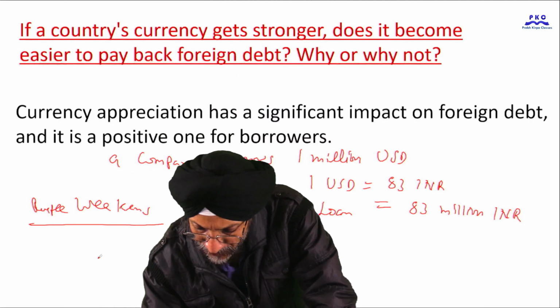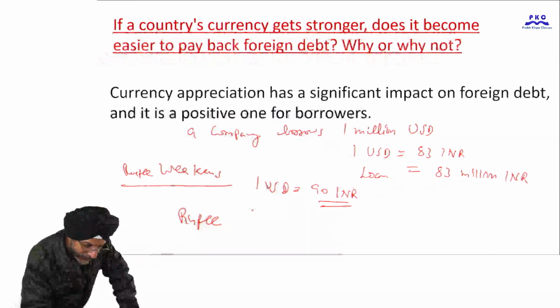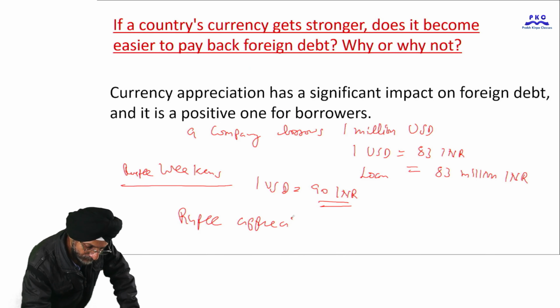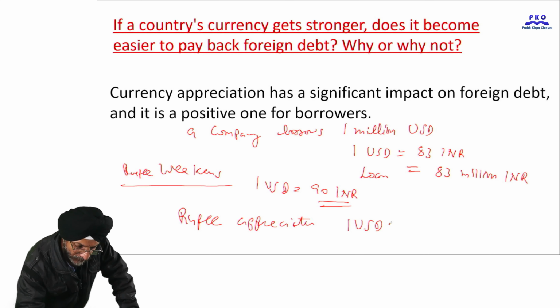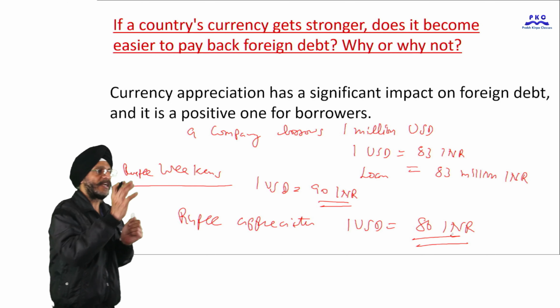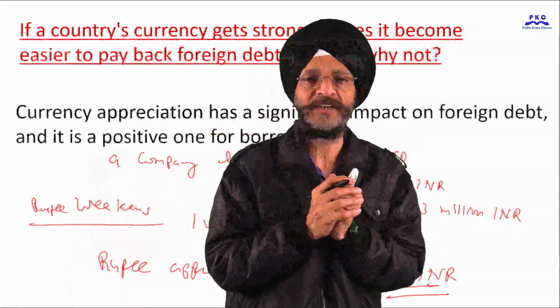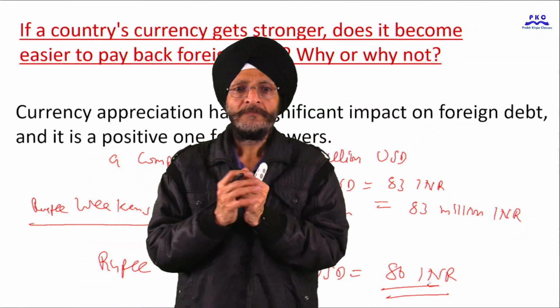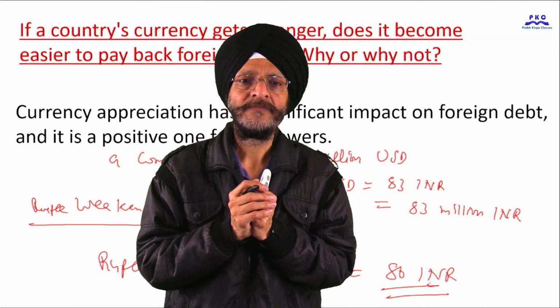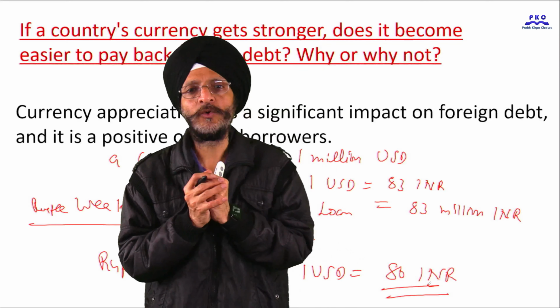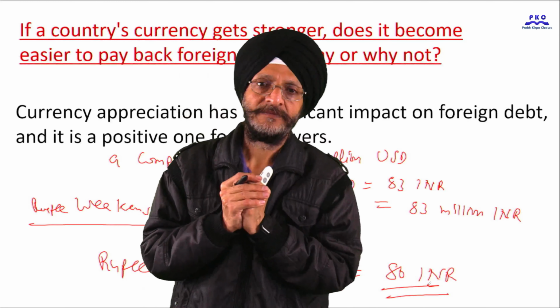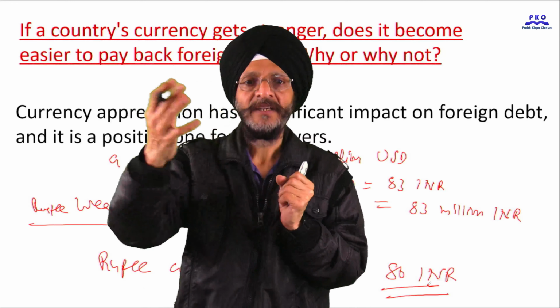But if the rupee appreciates, what is the scenario? Suppose after appreciation $1 is equal to 80 Indian rupees, that is, the Indian rupee has appreciated. So after appreciation, the Indian company will have to pay less to repay the debt.